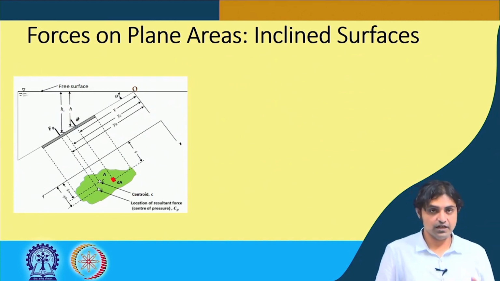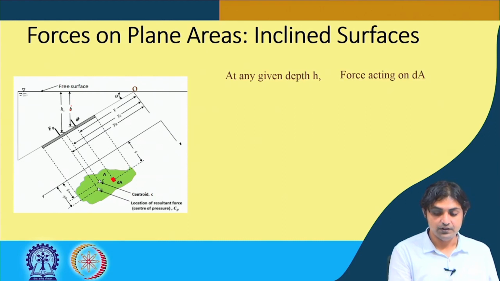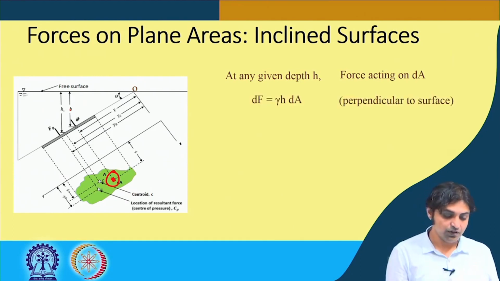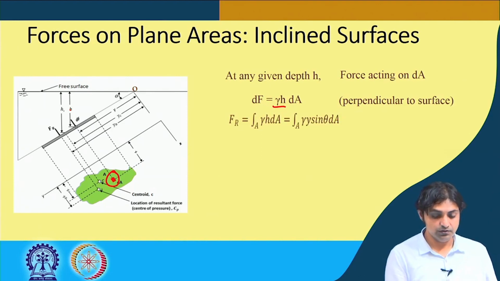I have kept this image on the left side, and now for any depth h, the force acting on an area dA will be, because it is at depth h, dF equals pressure times area, gamma h dA. This dF is perpendicular to the surface, which is very important. To find the resultant force, we integrate gamma h dA over the entire area.